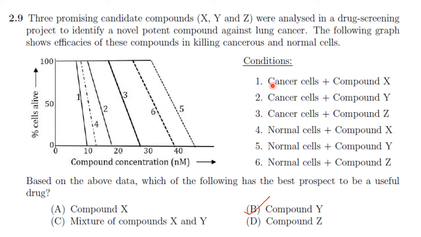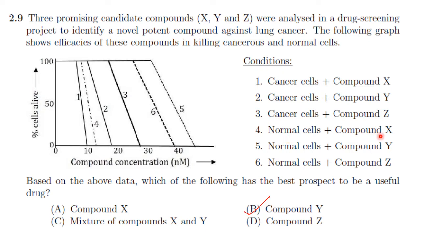So here they have treated cancer cells with compound X. At 10 nanomolar concentration, X is inhibiting the division of the cancer cells. Then at 20 nanomolar concentration, compound Y is inhibiting the division of the cancer cells, or killing them. At 30 nanomolar concentration, Z is killing the cancer cells.